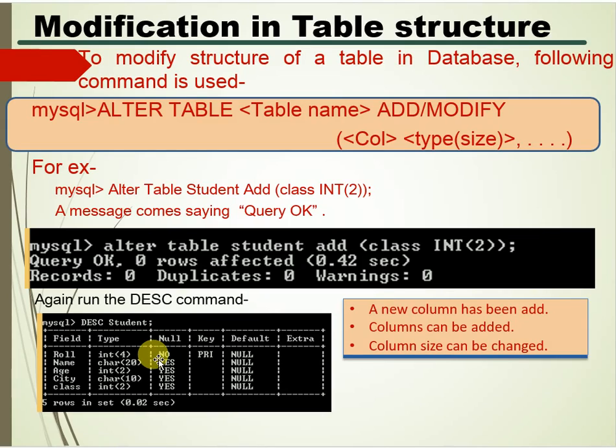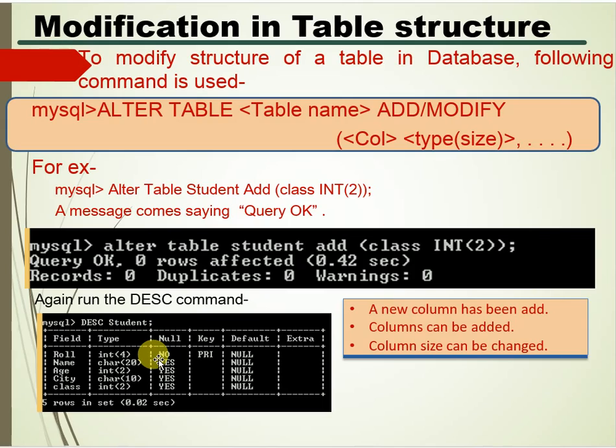See the example: alter table student add class integer(2). See the table structure: roll number, name, age, city and the class. So we have added a new field, class, in the student table using alter table.